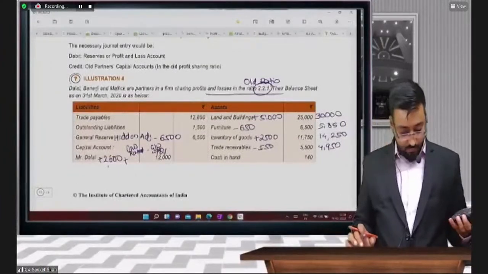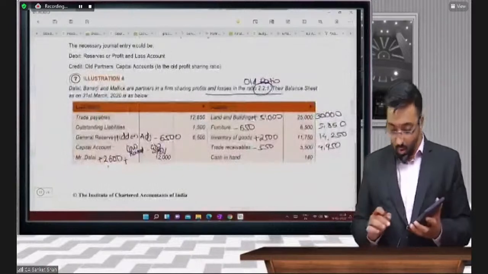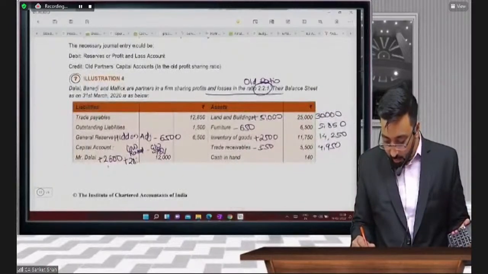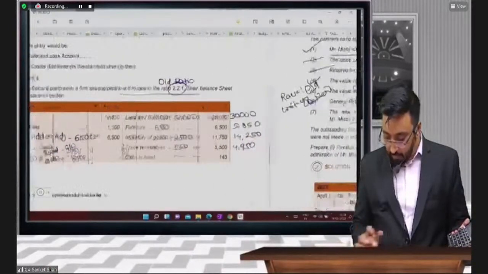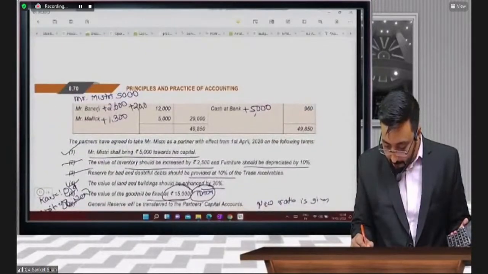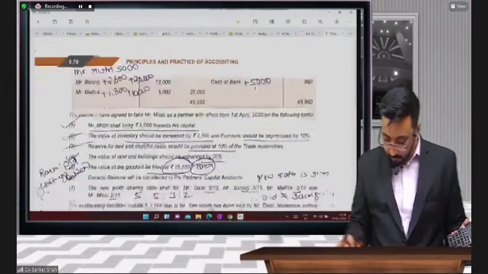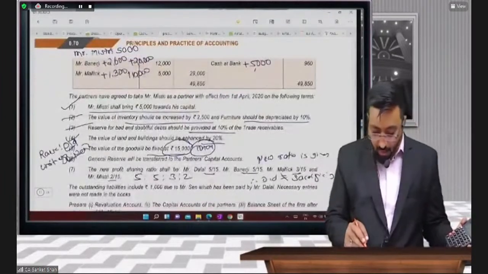So, raised 50,000, 2:2:2. Add 20, add 20, add 10. Sorry, why added?